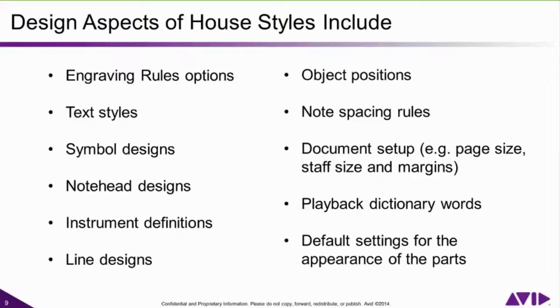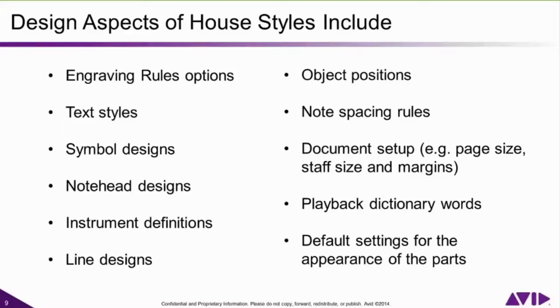The various design aspects of a house style include things like the engraving rule options, text styles, symbol designs, note heads, instrument definition, line design, object positions within the score, note spacing rules, various aspects of the document setup, such as the size of paper you're using, the size of your staff, how the margins are set up, words defined in the playback dictionary that influence the playback of the score, and default settings for the appearance of the parts.